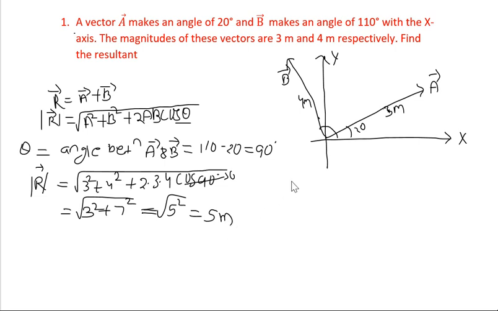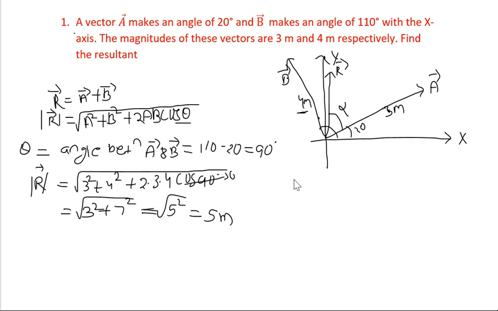To find the resultant, we must also know its direction. As we know, vector B has more magnitude than vector A, so the resultant is slightly towards the B vector. To find its direction, let resultant R make an angle alpha with the A vector.